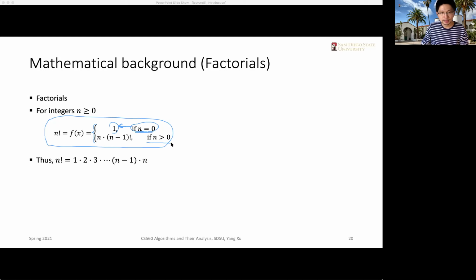And in other, non-boundary cases, what we call recursive cases, we define the function's value recursively.